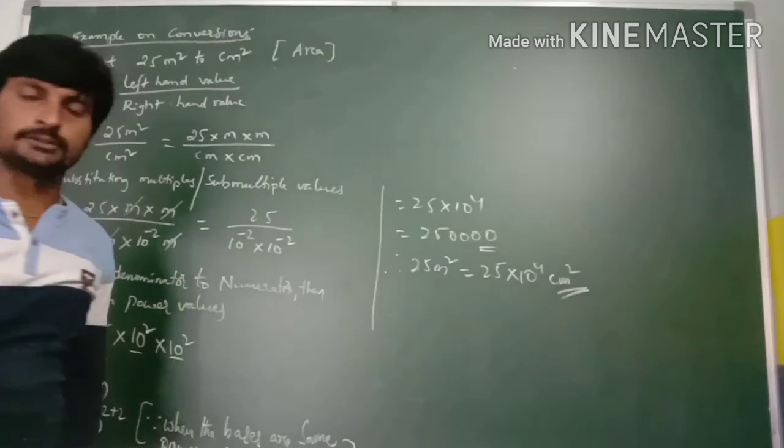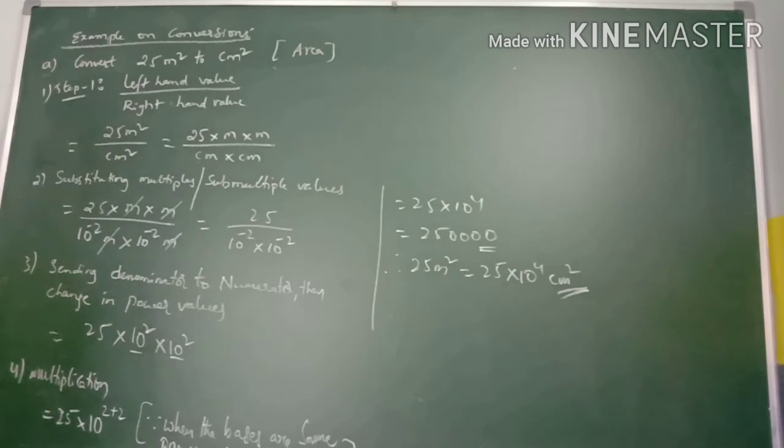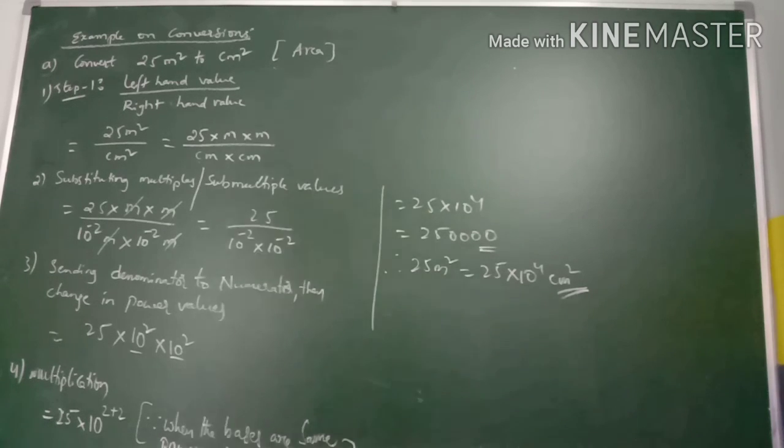Okay, children. So this is the second model, and the third model we will discuss in the next class. In that model, we have the numerator part and denominator part also. Is that clear?